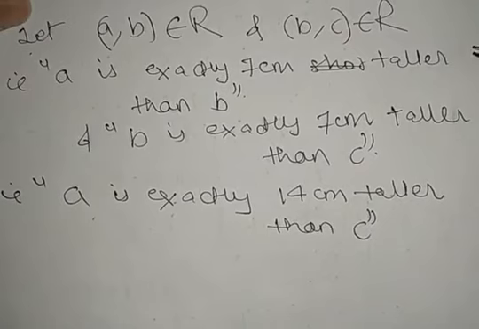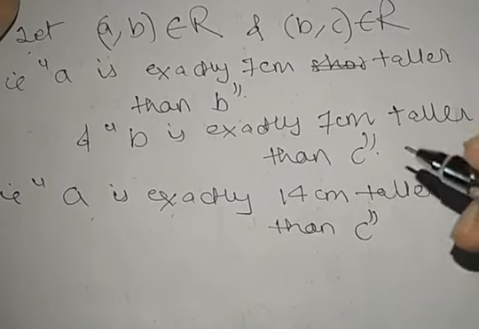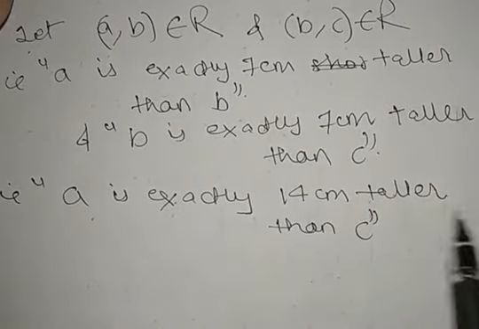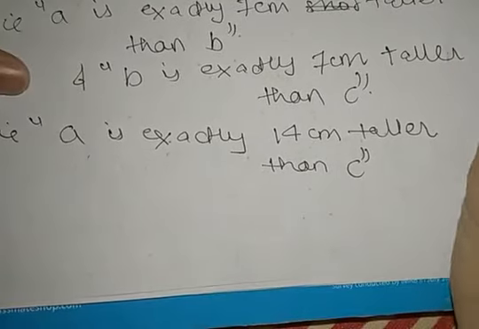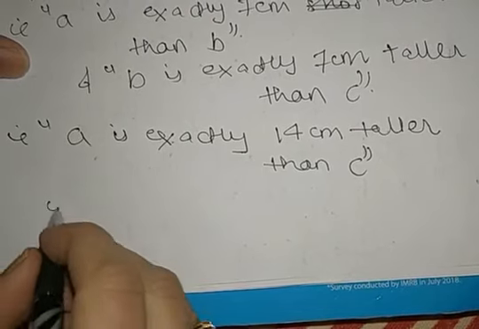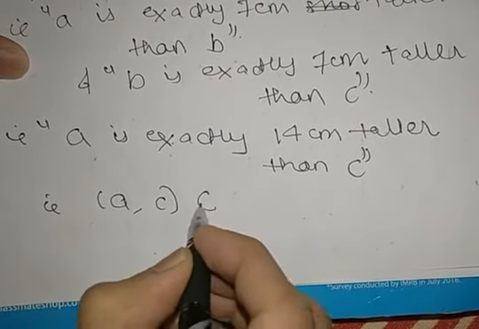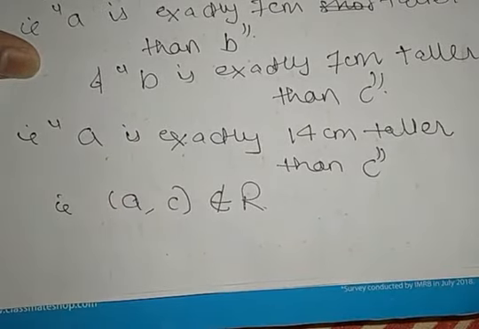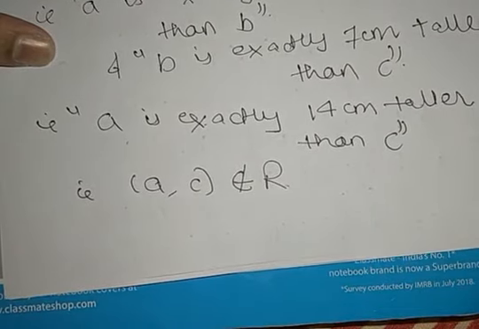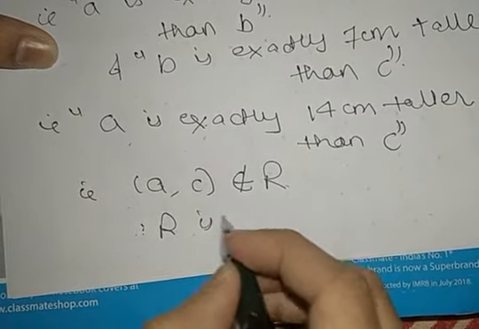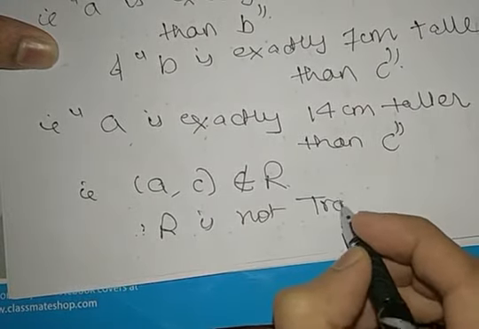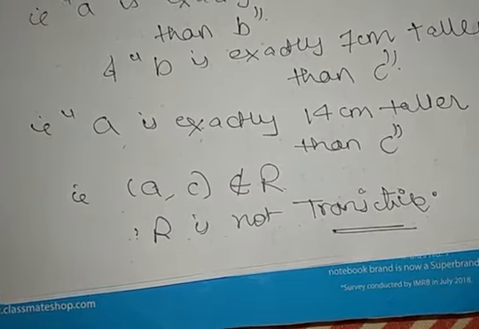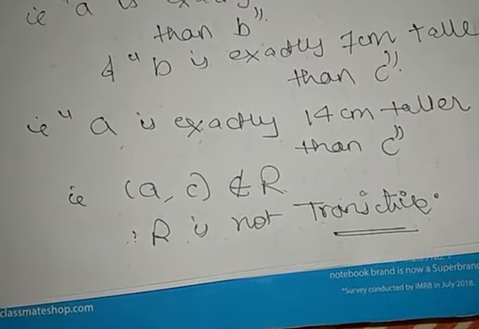A is exactly 7 centimeter taller than B and B is exactly 7 centimeter taller than C. So A will be what, 7 plus 7, that will be 14 centimeters taller than C. So that is (A, C) will not belong to R, right, because A is not exactly 7 centimeter taller than C. So therefore R is not transitive. So that was problem C.